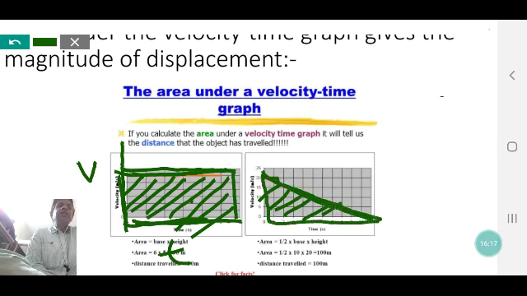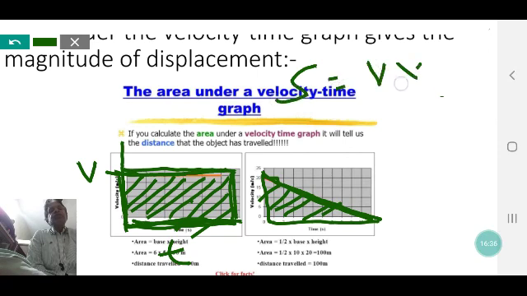This area gives the magnitude of displacement. And look here, if you find the area of the rectangle, we suppose that is v and the value of t. Now area is equal to s is equal to v into t. That is the value of displacement, magnitude of displacement.